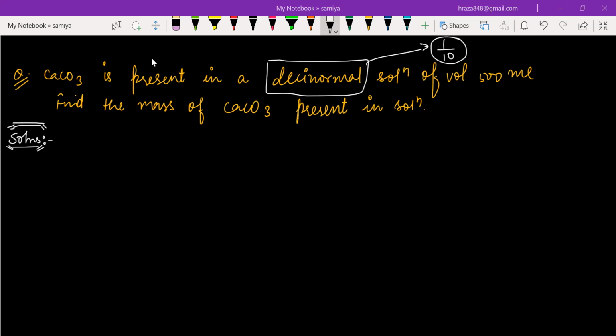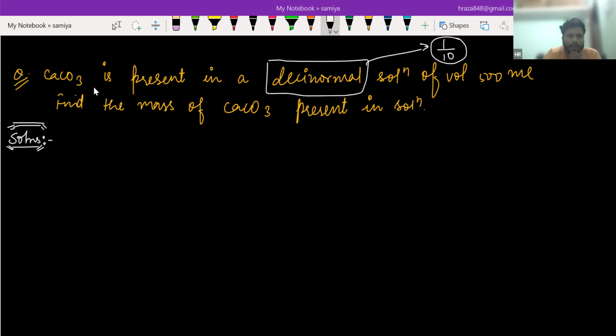Sir, can you explain? Okay, just see. CaCO3 is present in a decinormal solution of volume 500 ml. See, decinormal means normality is given as 1 by 10 and volume of solution is 500 ml.